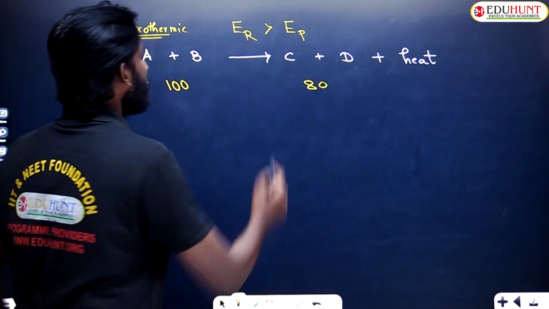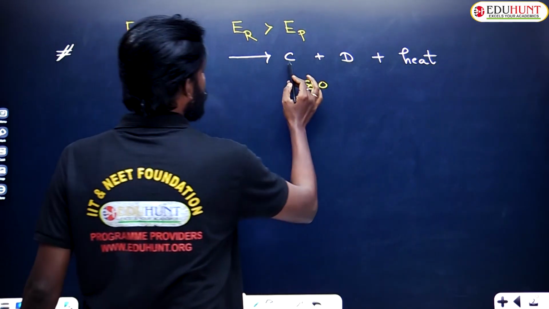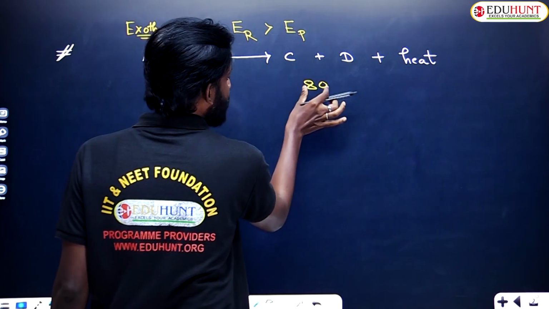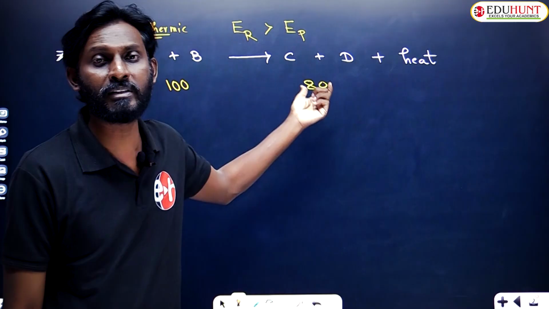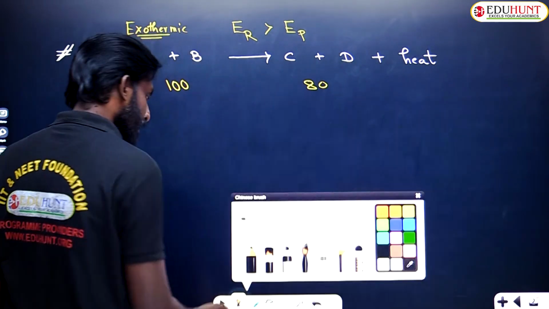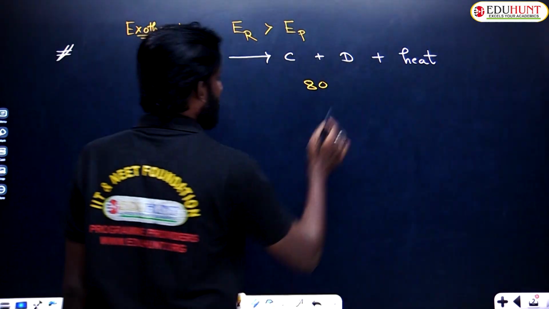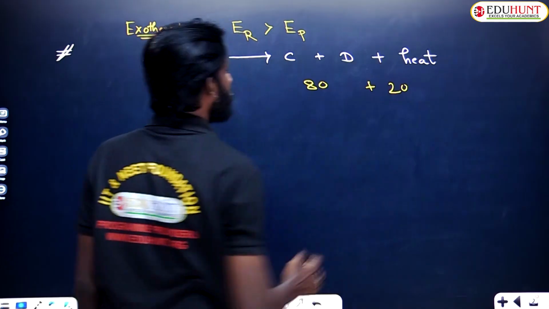Now, you tell me, these two products together have how much energy? 80. And what is the amount of heat released? That missing 20.